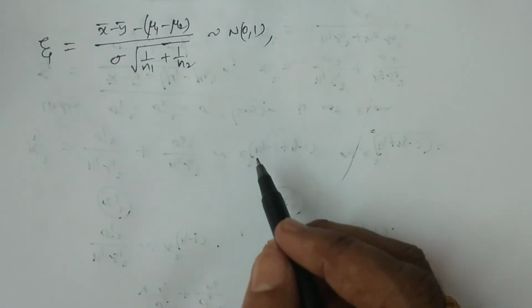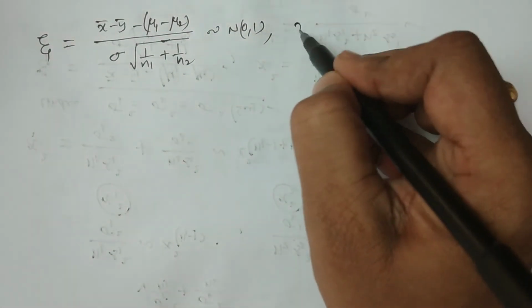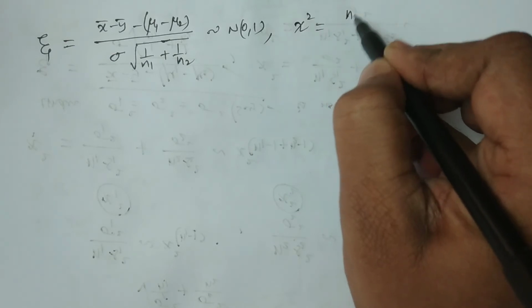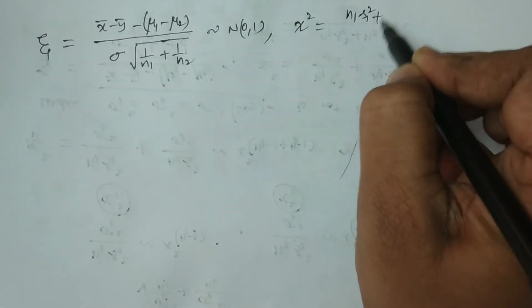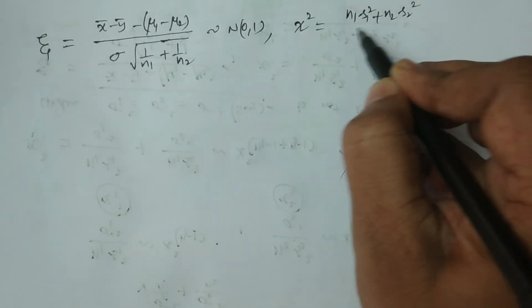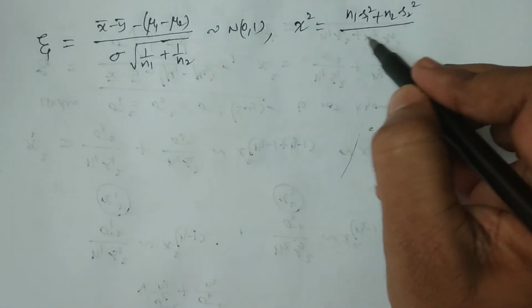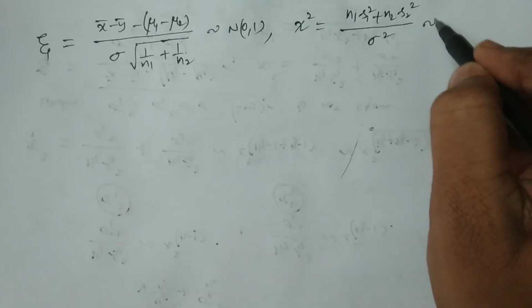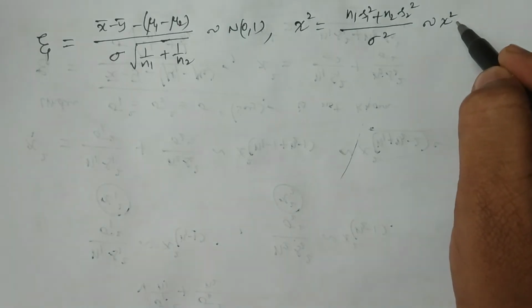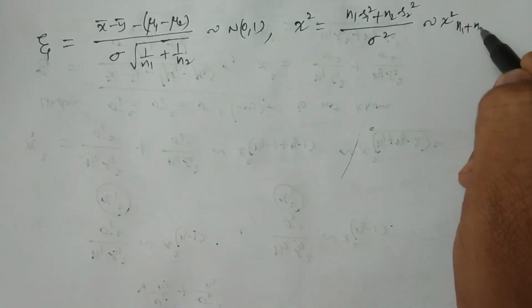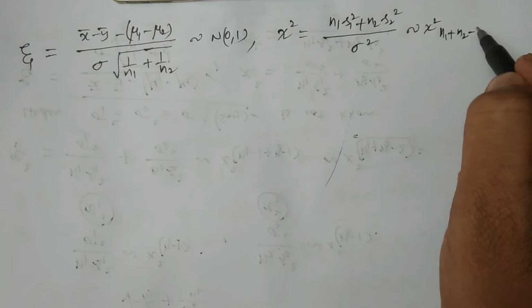That is the first one. And chi-square is equal to n1 s1 square plus n2 s2 square divided by sigma square, which follows a chi-square with n1 plus n2 minus 2 degrees of freedom.